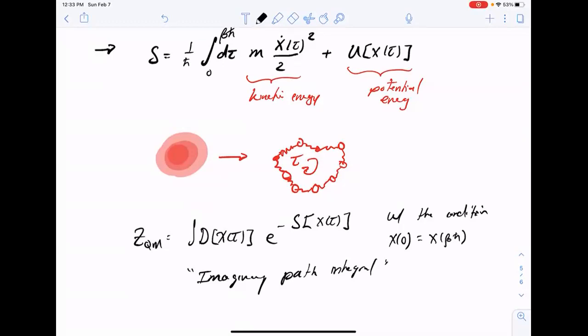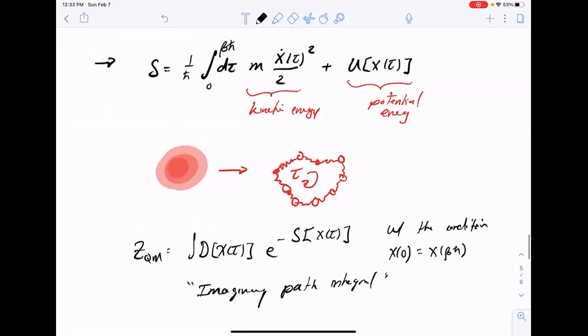So that is the quantum classical isomorphism. It has turned our quantum calculation with operators into a classical operation, a classical partition function, now in an imaginary time.